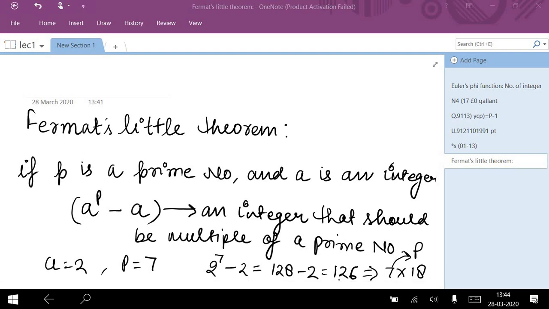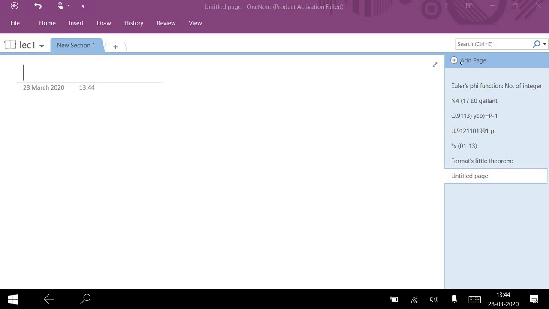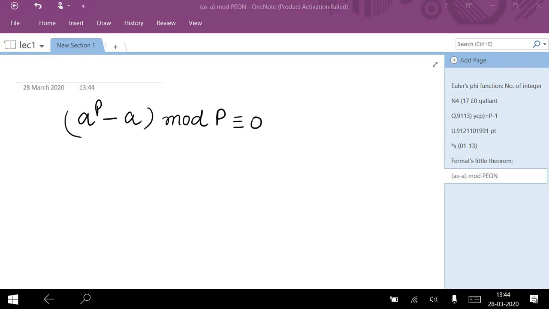So according to this concept, there are two equations. We can say a to the power p minus a integer should be a multiple of p, then after taking the modulus operation of this integer, the value should be 0.